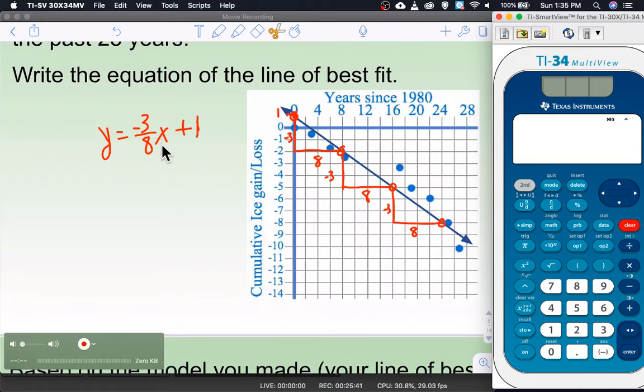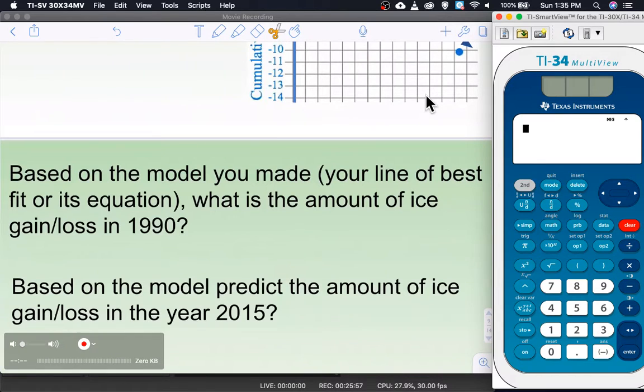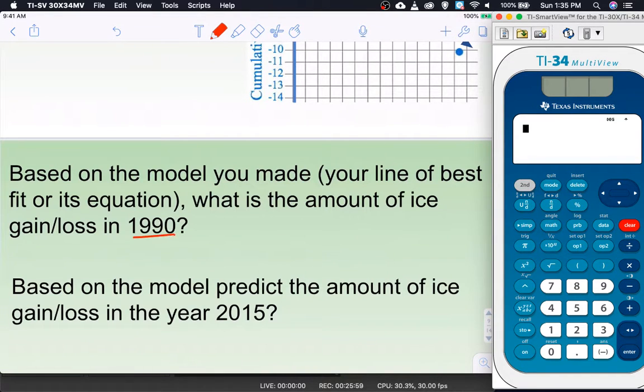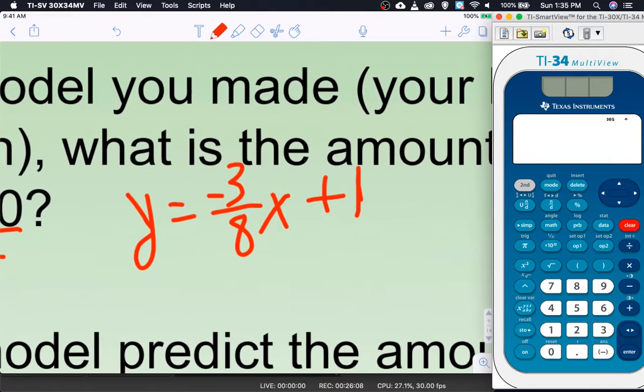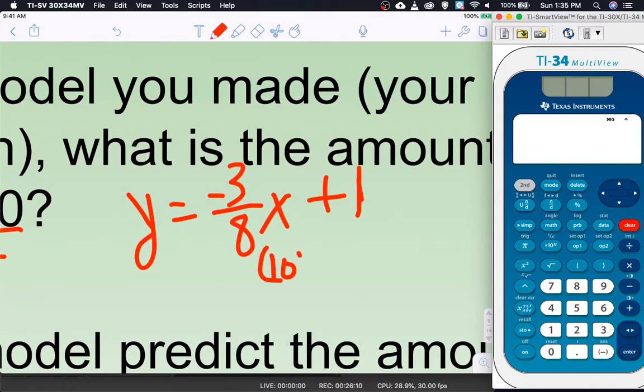Do I put in the year 1990 in here? No. If you check out your variables here, the x variable is the years since 1980. So how many years since 1980 is the year 1990? It's 10 years.